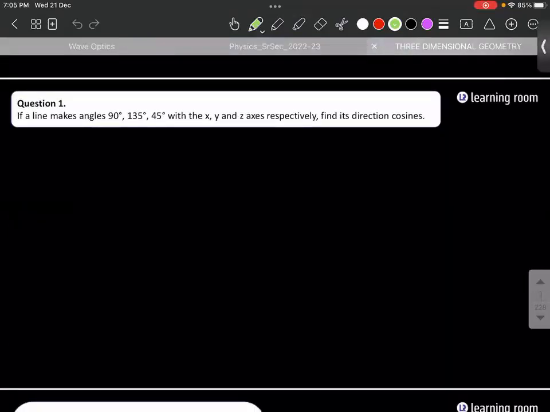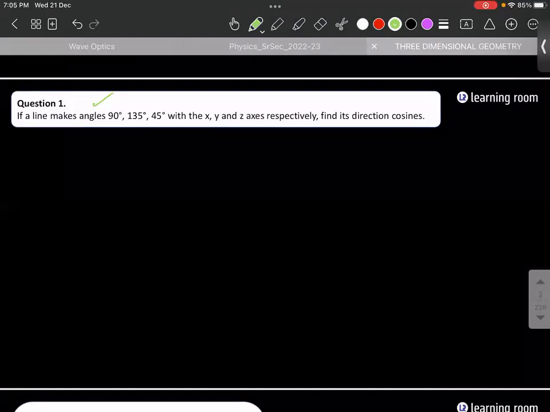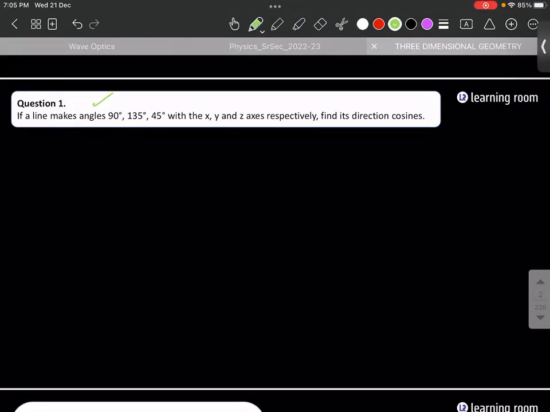So today we are going to discuss three-dimensional geometry, right? So we'll do some problems that are based on it. If a line makes an angle 90 degree, 135 degree, and 45 degree with the x-axis, y-axis, and z-axis respectively, find the direction cosines. So what are the direction cosines, guys?